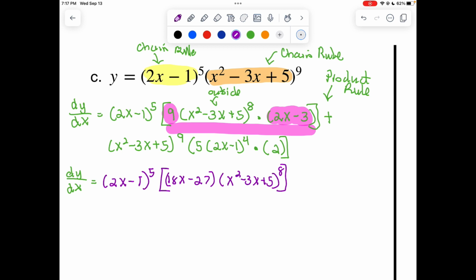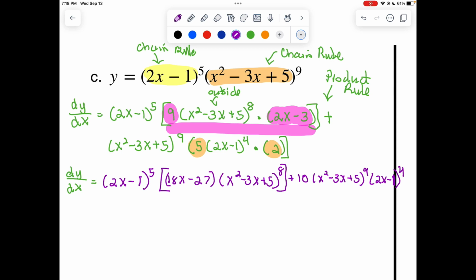Now in the next section, I'm going to see if I can simplify what's in its brackets. And the only thing I can simplify in those brackets is 5 times 2. So we have plus (x squared minus 3x plus 5) to the 9th power, which we can't do anything with, times 10, which is 5 times 2, times (2x minus 1) to the 4th power. Now, notice I now have two terms.